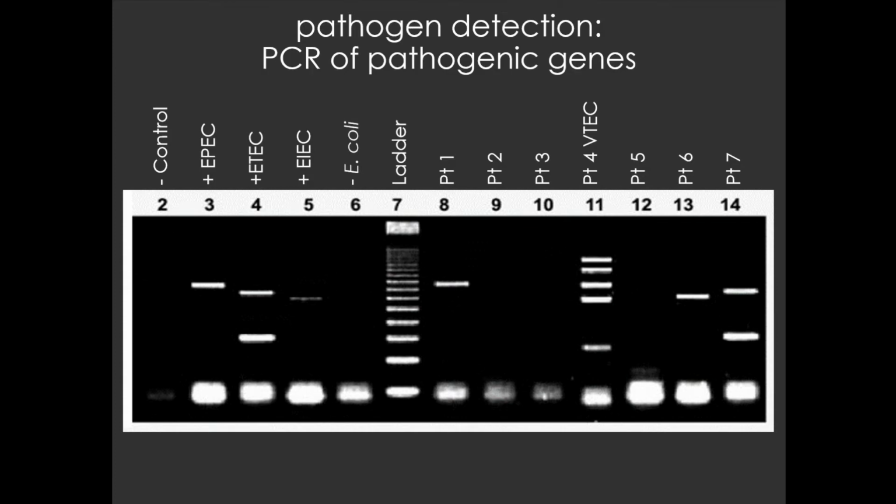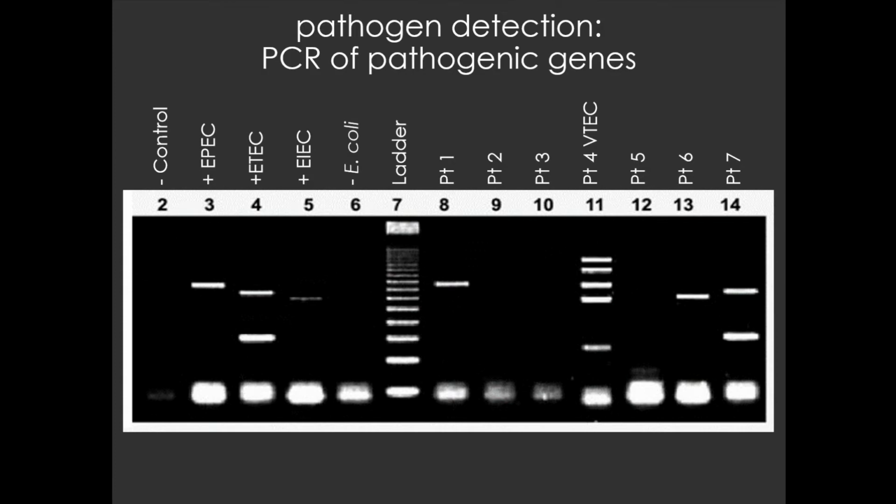Patient 2 and patient 3 have none of the genes that are associated with pathogenic E. coli. Patient 4 actually has a banding pattern that was not tested for in the initial experiment, but lines up with a 4th pathogenic strain of E. coli called verocytotoxigenic E. coli.